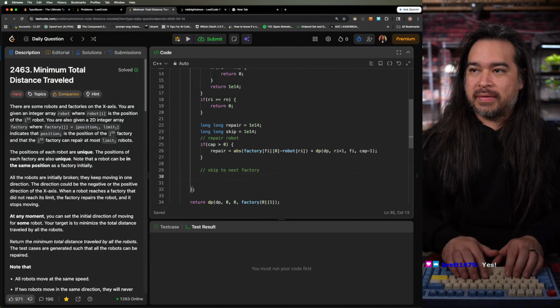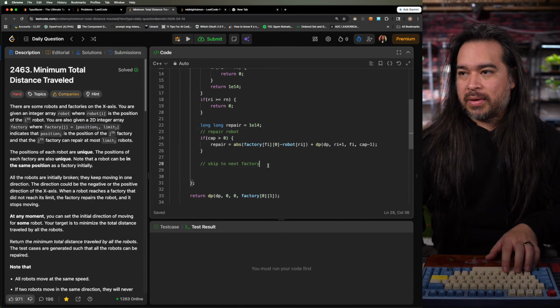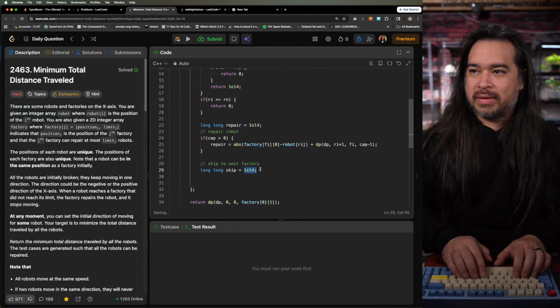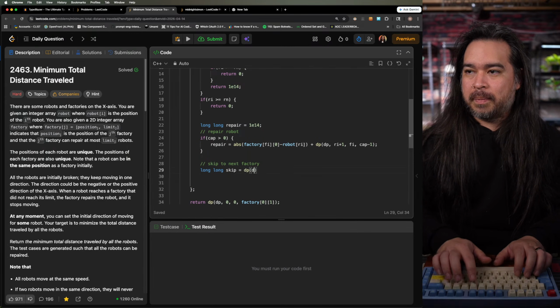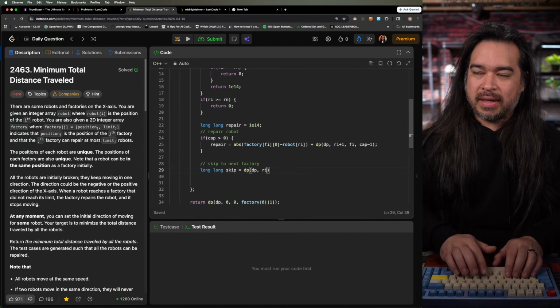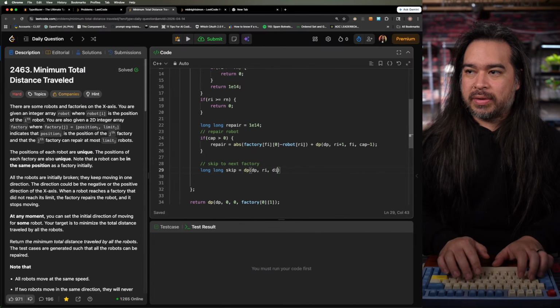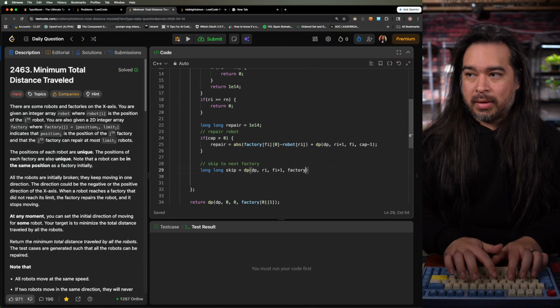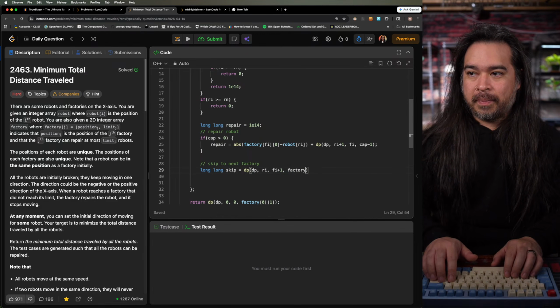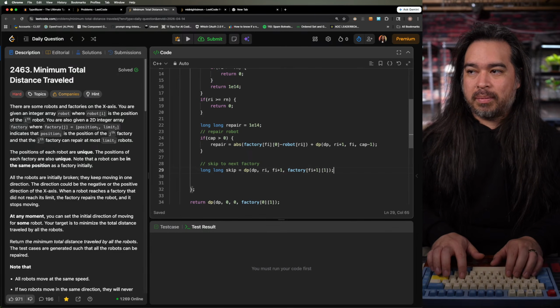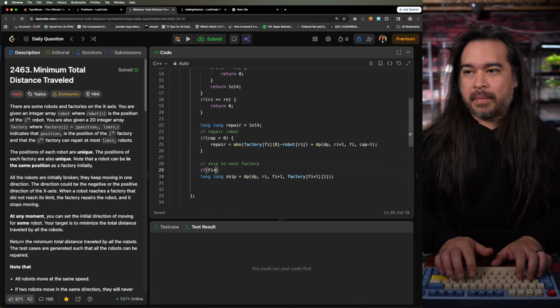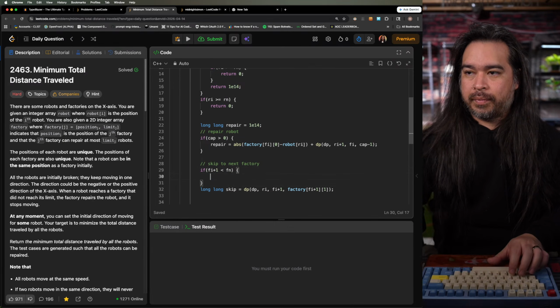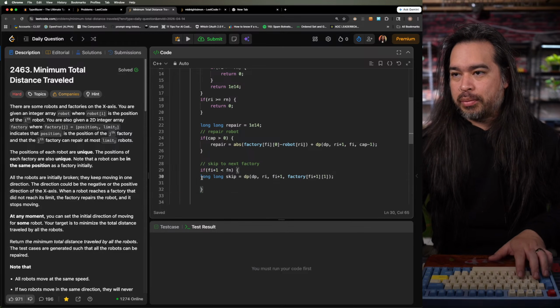And then to skip at the next factory, maybe we can always skip, so I don't need this. We can just say skip is DP. The robot stays the same because we didn't repair it, and then we go to the next factory, and the capacity resets to the factory. Oh, I guess we should check if we can skip, because it could go out of bounds.